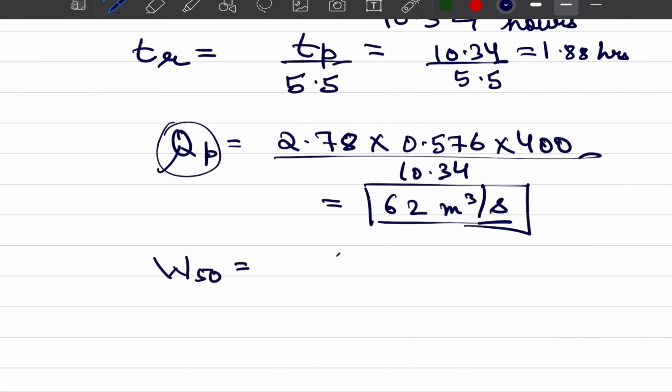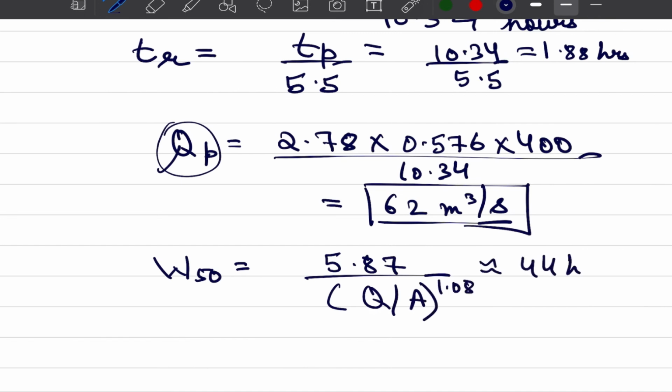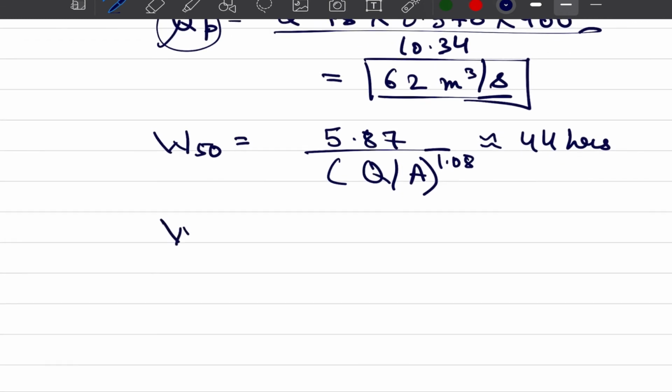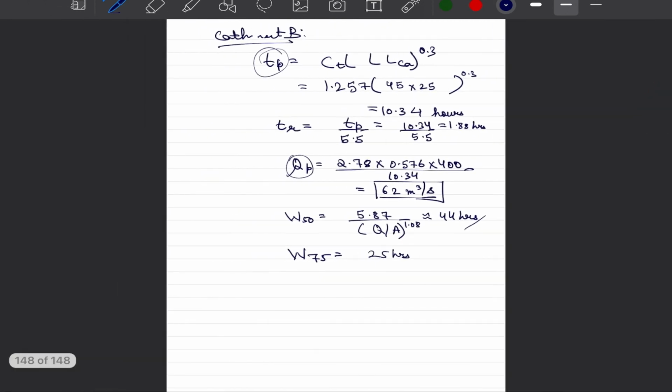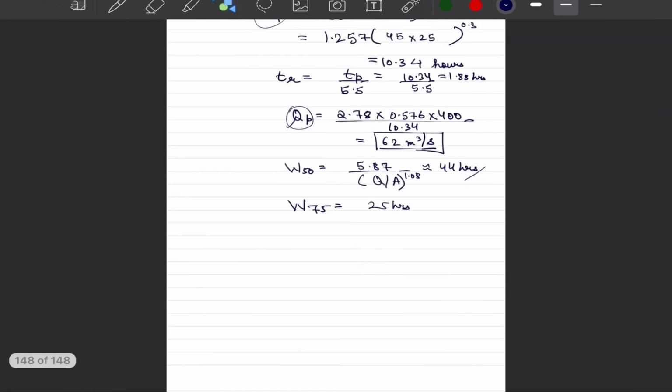This width is again given by Snyder as 5.87 Q divided by A raised to power 1.08, and this approximately comes out to be 44 hours, and the 75th width comes out to be 25 hours by dividing this by a factor of 1.75.